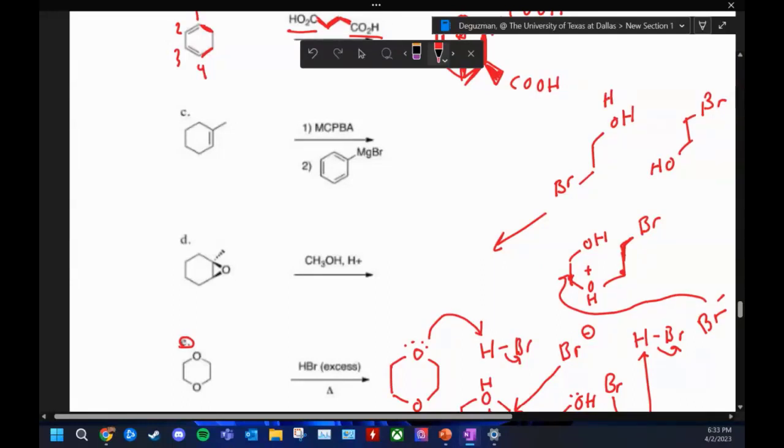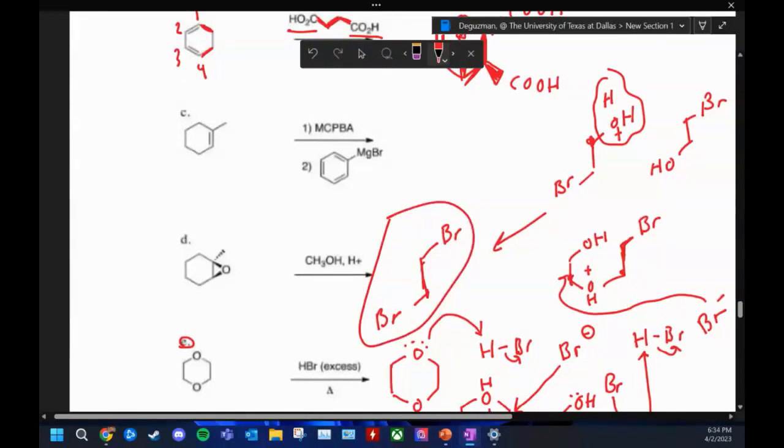We'll add on the H, makes it an H plus. Now this whole thing is a good leaving group, making the Br attack this carbon here. So our final product is actually this one. We would have 2 moles of that.